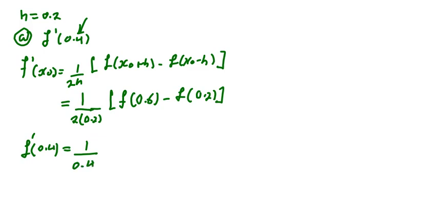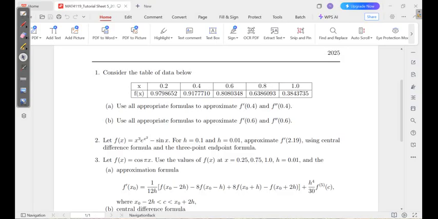0.4. Okay, so what is our f of 0.6? Our f of 0.6 has already been given in the question, in the table, as well as f of 0.2. If you look at these data points that we have, 0.6 as well as 0.2. Then the values that we are trying to substitute are these values here, more like the output. Your input is 0.6, then your output is what you have right here, and that's what you're supposed to substitute, and that's what you're going to do even on this part here.